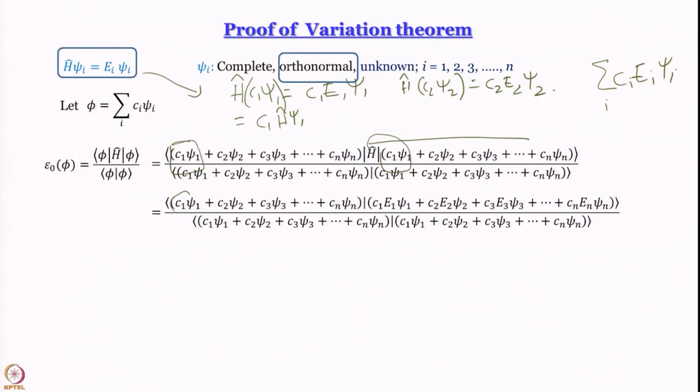So, I may well write this Ci psi I and Ci E1 psi I. So, this will give me integral Ci, sorry C1 in ket vector, C1 psi 1 in bra vector. Yeah, is there anything else? Well, let us not forget that I have psi 1 here as well.